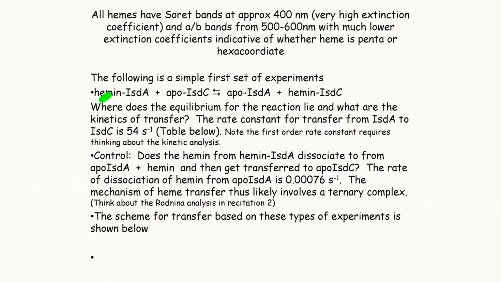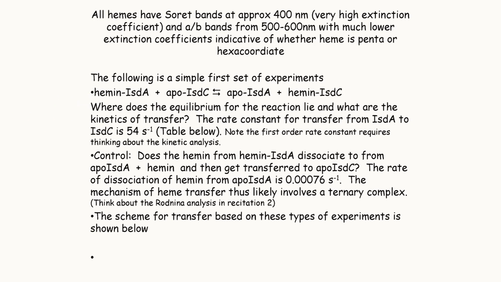If you start out with ISD-A loaded with heme, does it get transferred to ISD-C in the apo form? How do you monitor this reaction? Anybody got any suggestions?